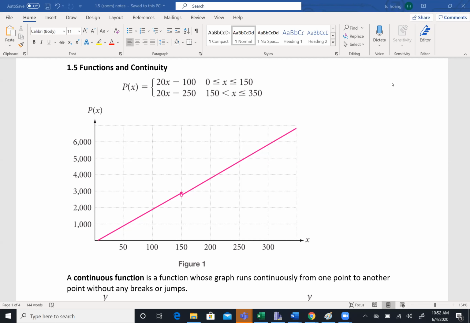Here, you can see that the changing number between the two pieces of the function P(x) is 150. So 150 is the changing point.